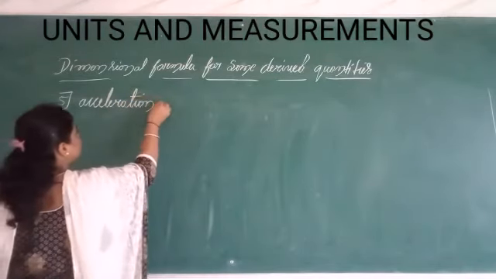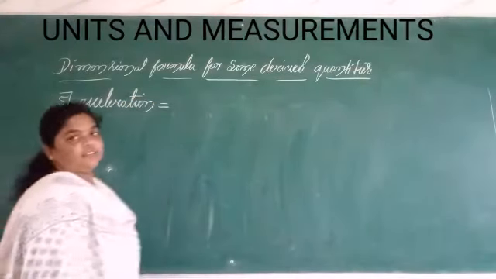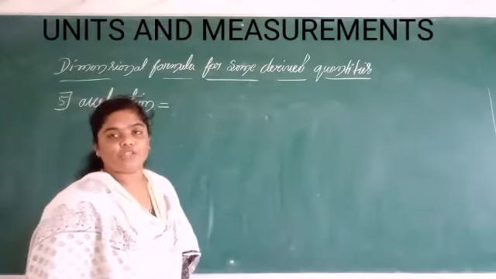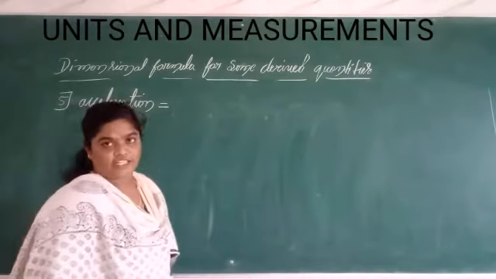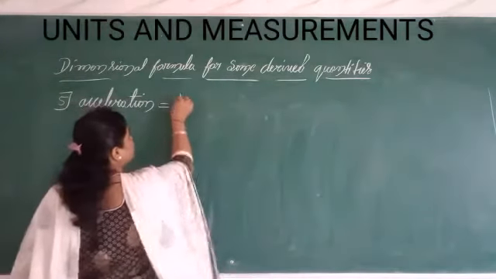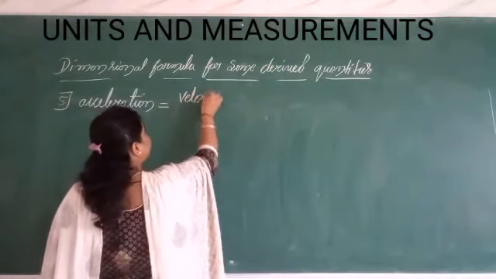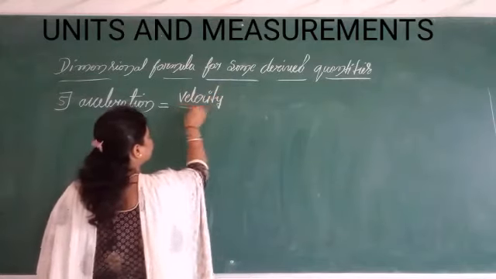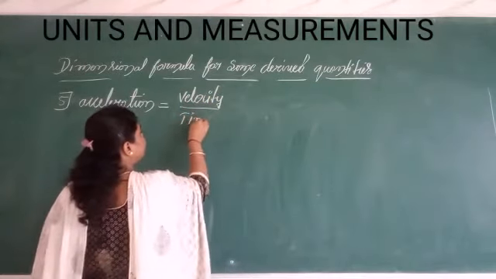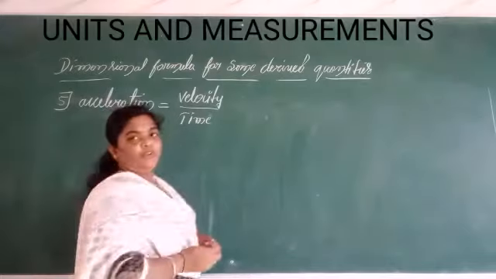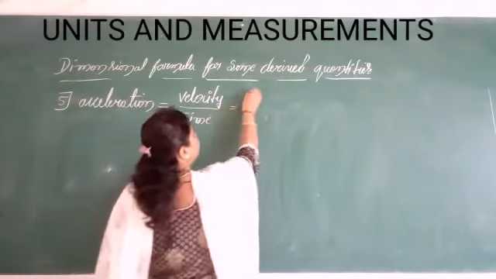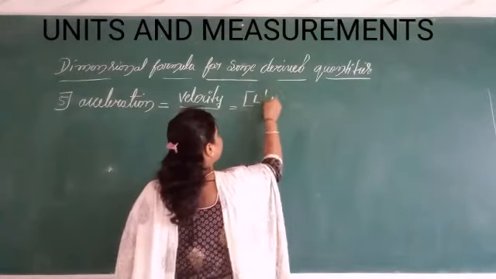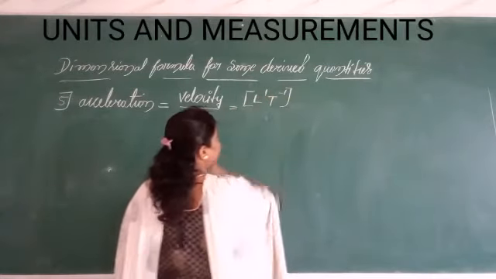So acceleration, the rate of change of velocity, is called the acceleration. Velocity by time taken. Now we know the dimensional formula for velocity, that is L1 t minus 1.